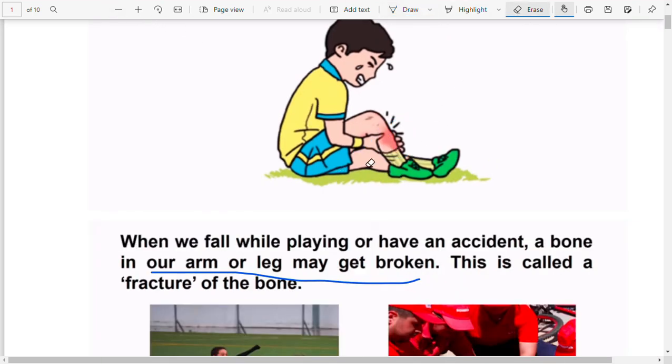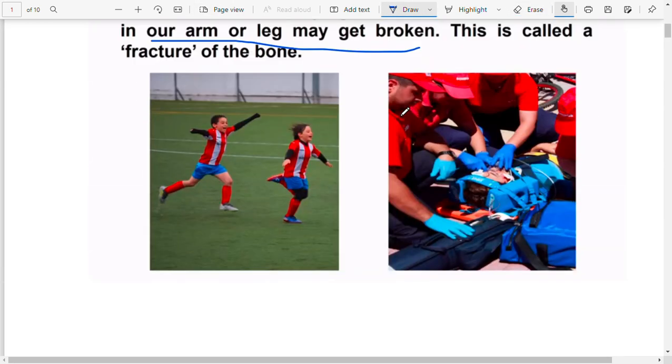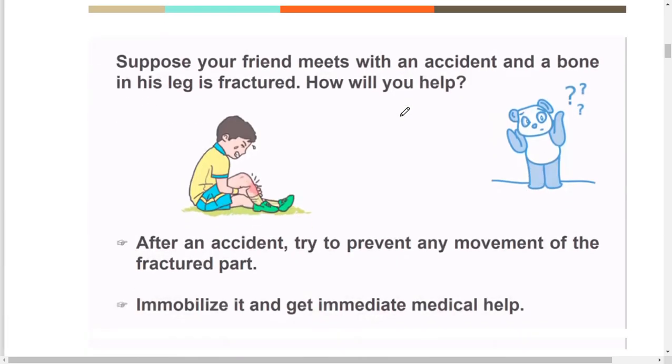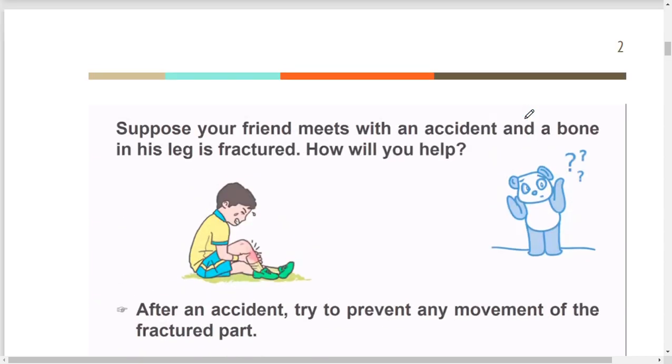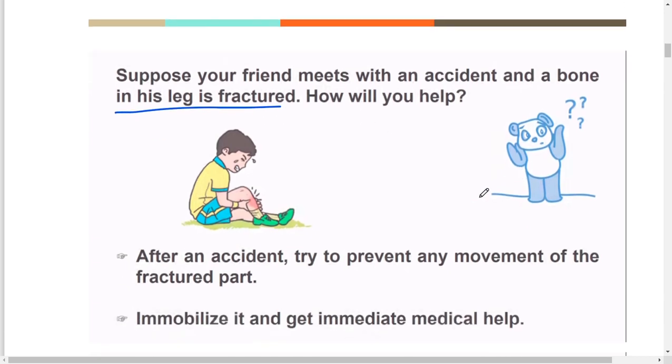So what I was telling is that when you meet an accident, then you may have a fracture. Now suppose your friend meets an accident, or while playing he has fallen, and his leg is fractured. Now how will you help him?